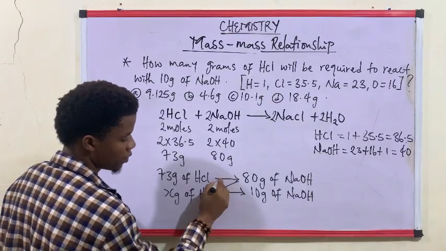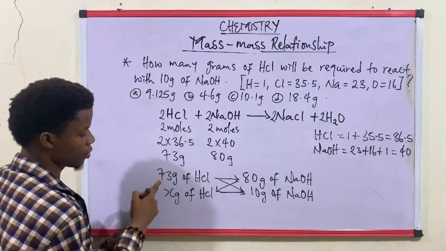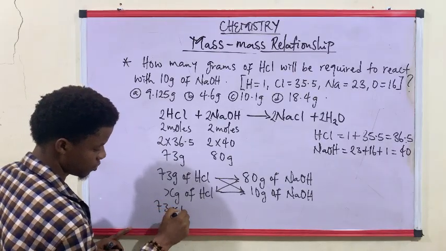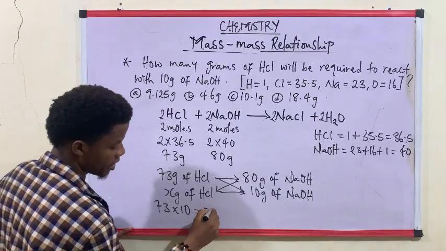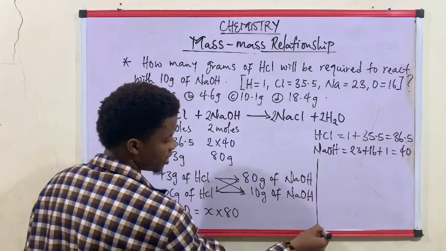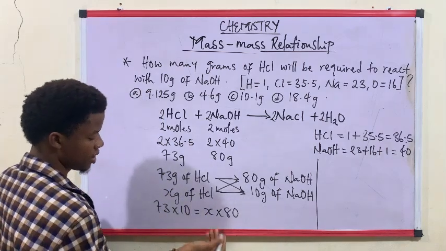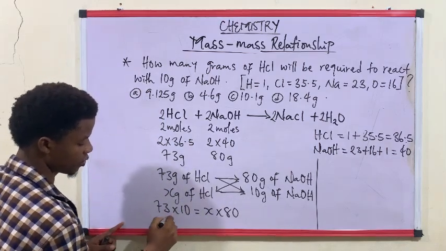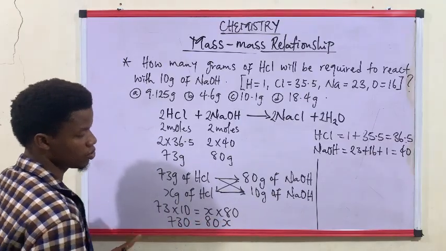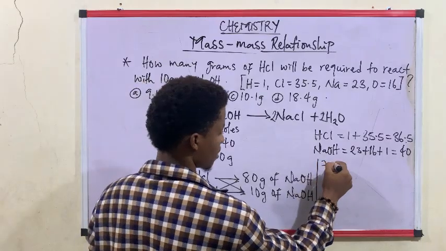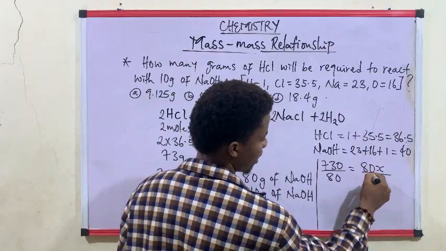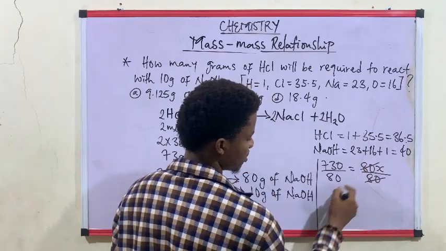We cross multiply. So by the time we cross multiply, we're going to have 73 times 10 equal to x times 80. This x times 80 will give us 80x, so 730 equals 80x. At this point, divide both sides by 80. So 730 divided by 80 equals 80x divided by 80. 80 cancels out 80.